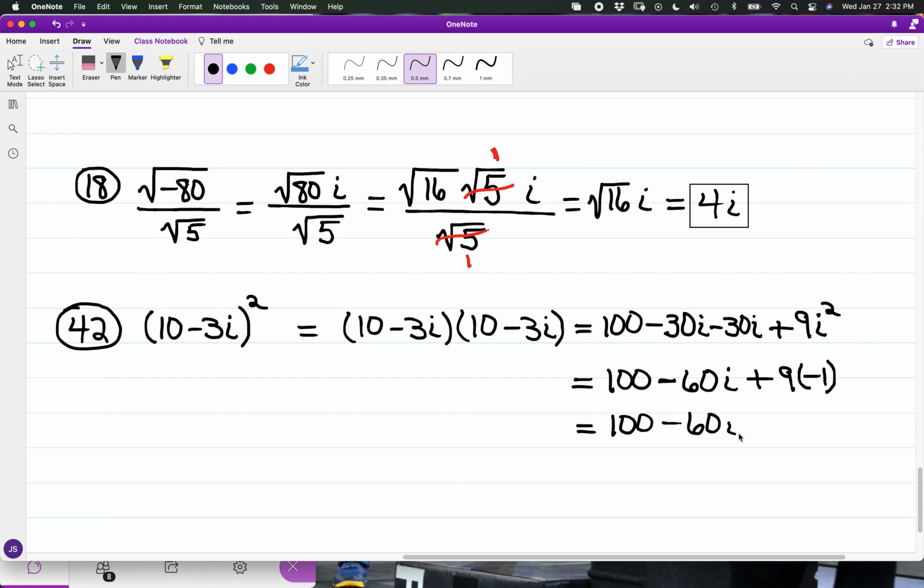So you have 100 minus 60i minus 9. And for the standard form, we can come out to 91 minus 60i.